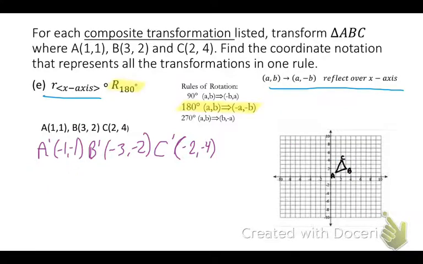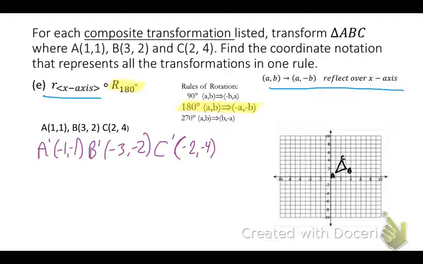Okay, so part of what we're looking at here with these composite transformations is whether the order makes a difference. So far we've looked at 4 examples where the order was different and we got a different result. The next 2 we're going to look at actually give us transformations where you can do them in either order and it turns out you end up with the same result.